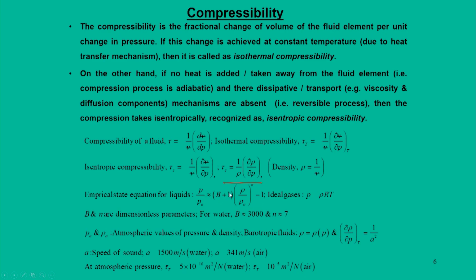So we can write the pressure and density relation in some empirical form, P by P A is equal to B plus 1 into rho by rho A to the power n. This relation is not relevant for our analysis.